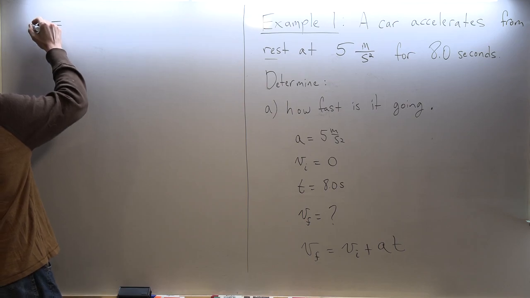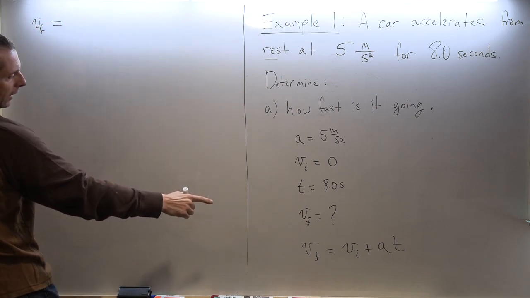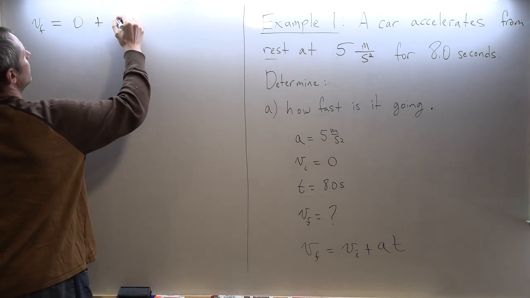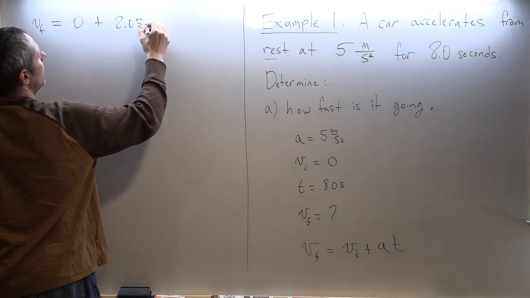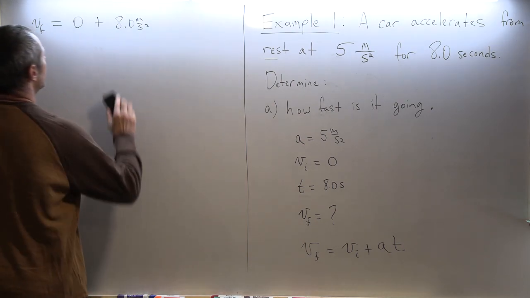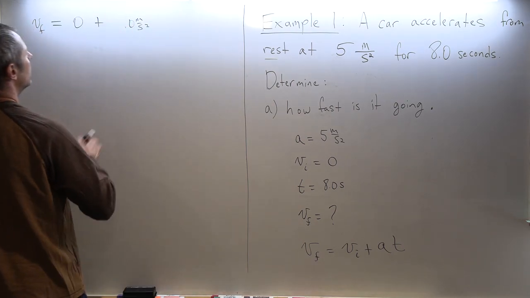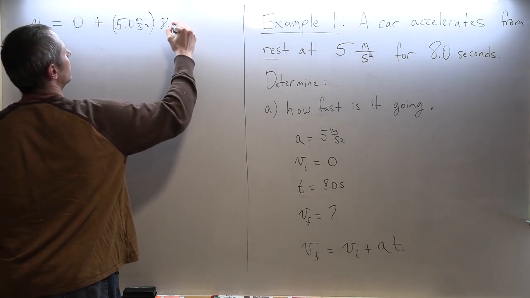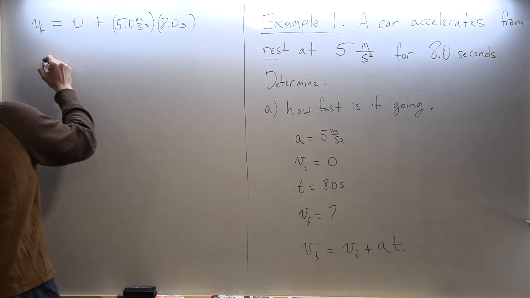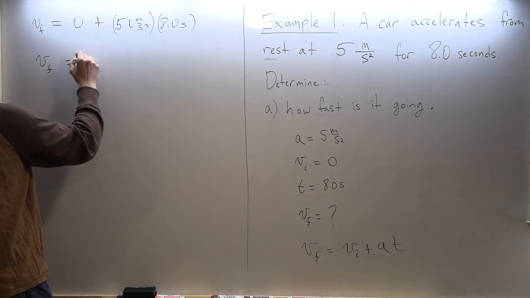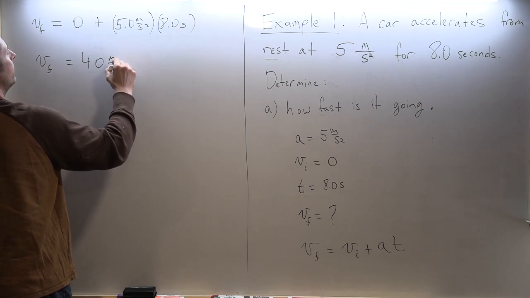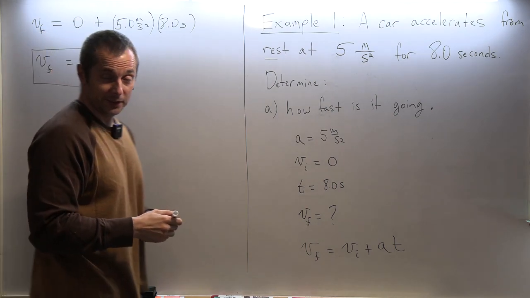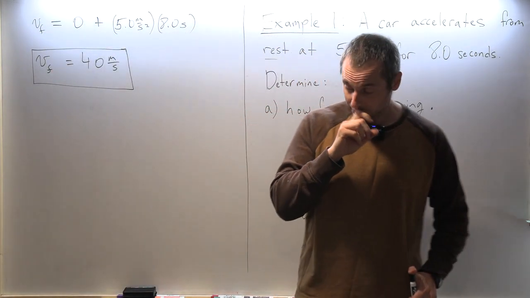V final equals V initial, which is 0, plus 5 meters per second squared times 8 seconds. Multiply that out, and I get 40 meters per second. Very fast. That's speeding. You would get a ticket for that.